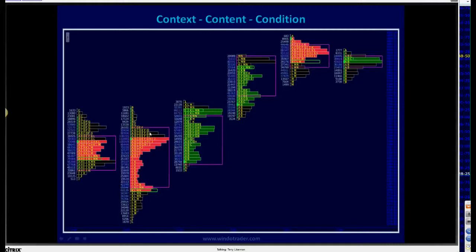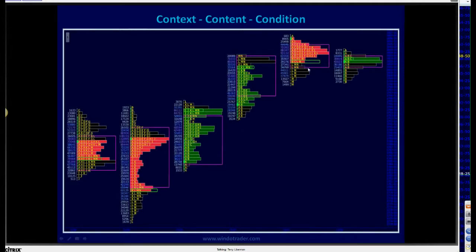What we're looking for here is first, what are the relationships between the different value areas? For example, here we have outside value. In this case, we have overlapping higher value. This one is definitely higher value, overlapping higher value, inside value.